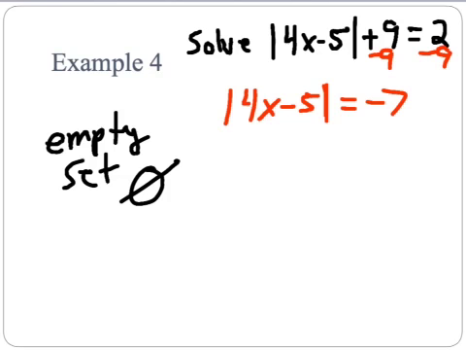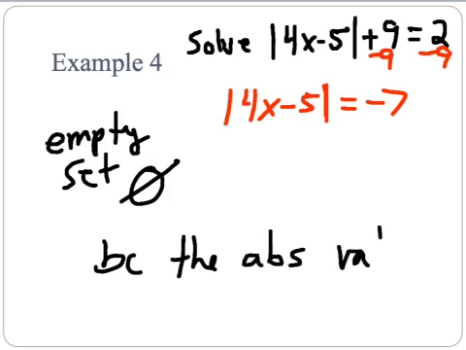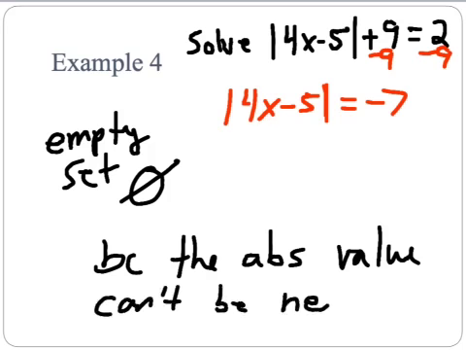And the reason for that, like I said before, is because the absolute value can't be negative. So this one's done. Our answer is right here. It's an empty set, and the reason for that is because the absolute value cannot be a negative.